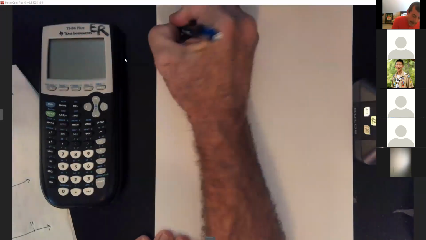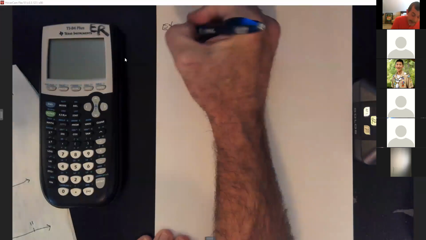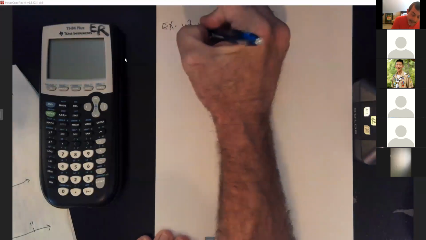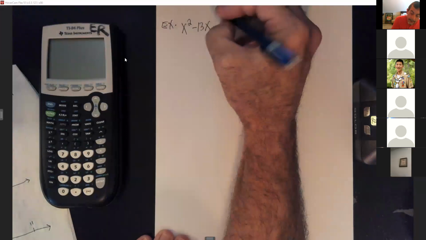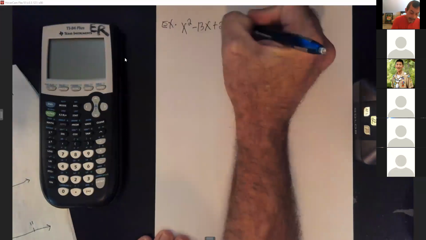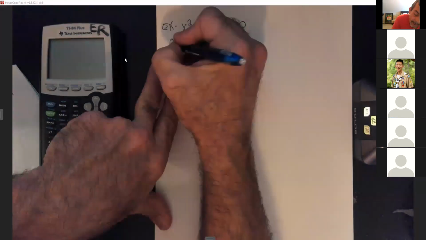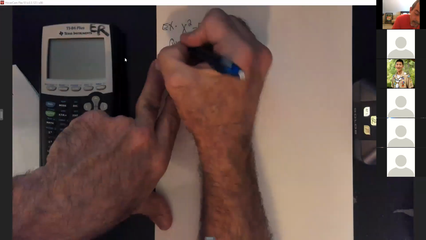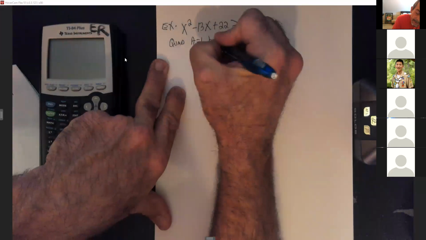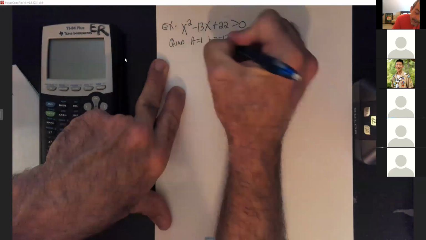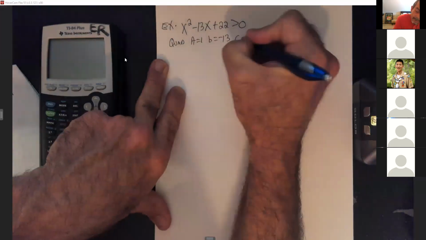All right, y'all, same thing. I got an x squared minus 13x plus 22 greater than 0. So I'm gonna hit that with the quad. A equals 1, B equals negative 13, C equals 22.